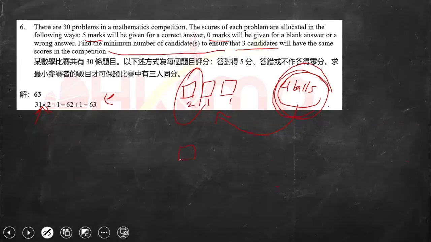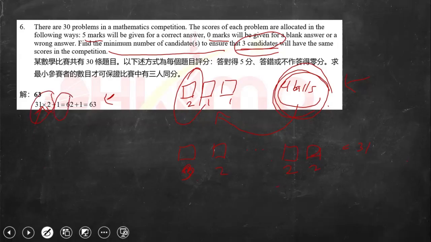So we have this number of scores, right? 31. So how can we ensure that there are 3 candidates that have the same score? Well, from the principle, we know that the other boxes have to be filled with 2, right? And then you have one of them that has 3. That's how we have 31 times 2 and then plus 1.